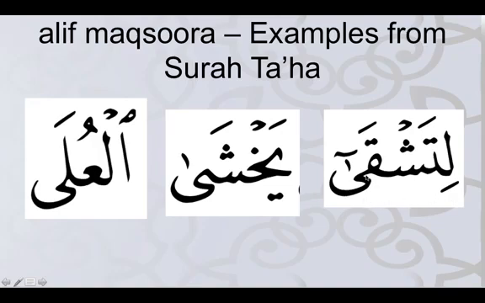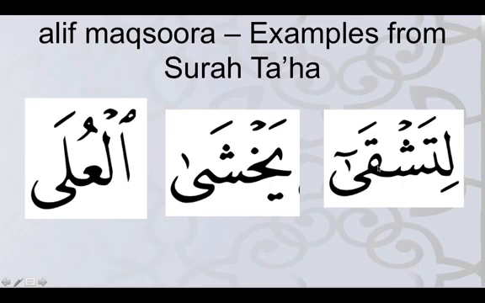Litashqa. Notice this is the medial form of the letter qaf, and this is the final form of the letter ya. But this is an alif maqsura. The reason this is an alif maqsura is because when written, there's a small standing alif on top of it, letting you know that this is qaf and this is a ya.